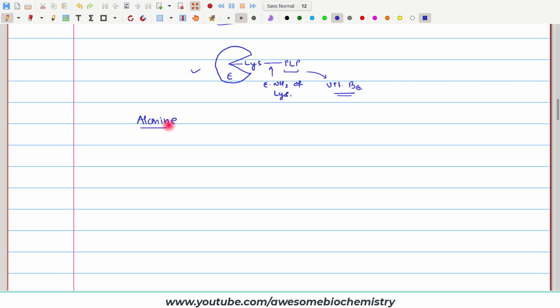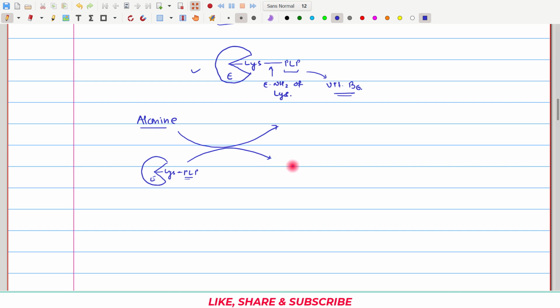Rather, alanine first transfers its amino group to this enzyme. So, suppose over here we have the enzyme, this is the active site, this is its lysine residue, and this is the PLP or pyridoxal phosphate. So, alanine first gives its amino group to this pyridoxal phosphate, which is covalently bound to this enzyme. So, now the enzyme will look like this.